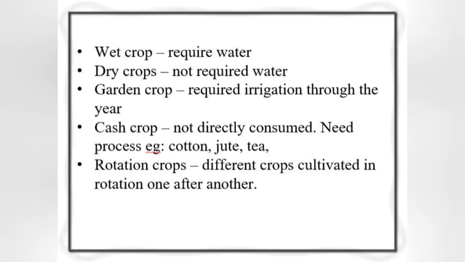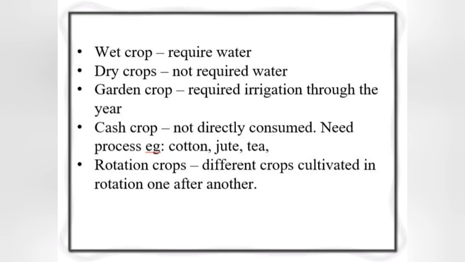The next is the winter crop, that is the Rabi crop. The best examples for Rabi crops are wheat, barley, peas and gram. The variation would be almost 1 to 3 months, okay? And sugar cane can be brought under both types of crops, Kharif as well as Rabi.